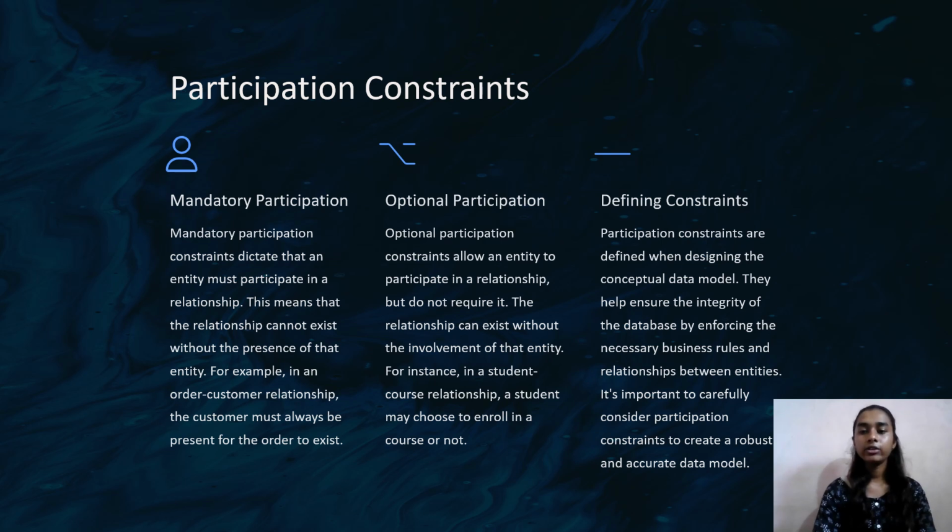Next is defining constraints. Participation constraints are defined when designing the conceptual data model. They help to ensure the integrity of the database by enforcing the necessary business rules and relationships between entities. It's important to carefully consider participation constraints to create a robust and accurate data model.